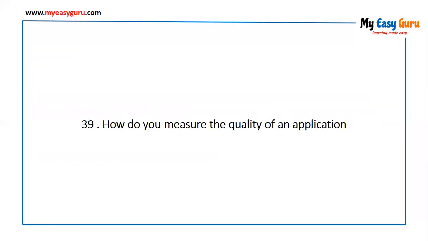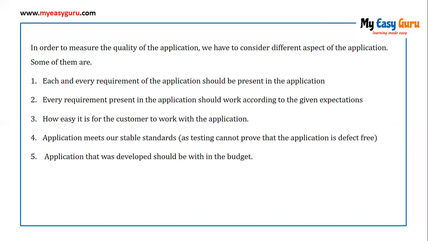Now the next question: how do you measure the quality of an application? In order to measure the quality of the application, we have to consider different aspects of the application. Some of them are: each and every requirement should be present in the application. Every requirement present in the application should work according to the given expectations.